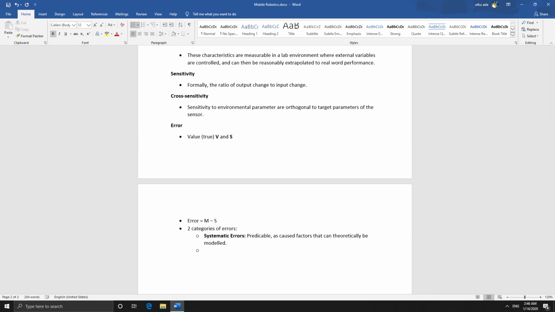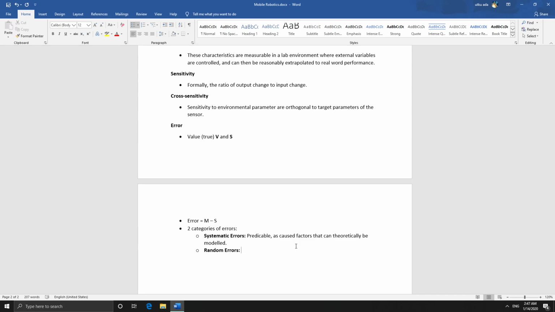And then on the other hand, we've got random errors. These ones are not predictable because, as you might guess, we can't really model them, or at least have a sophisticated model for them. We can't reduce the effect or the size of these errors with more precise sensor machinery.